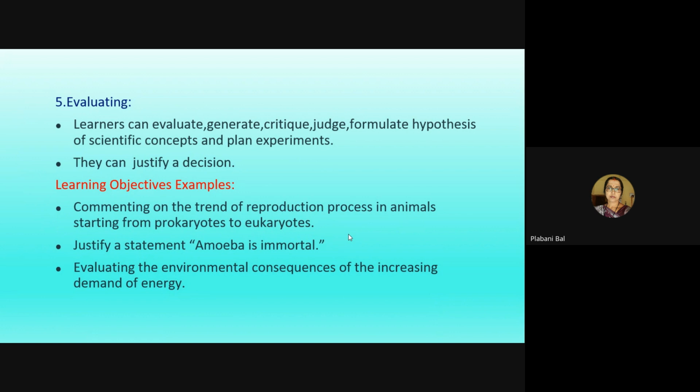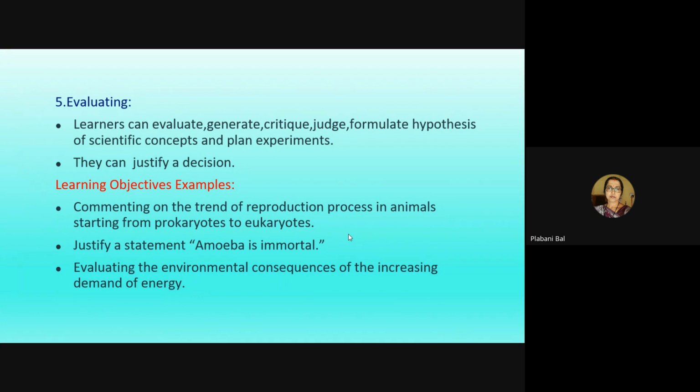When they are able to evaluate it, judge it, and comment on how it is occurring, whether through asexual reproduction in prokaryote or eukaryote, unicellular or multicellular, then when you are commenting on the trend of reproduction, it is the evaluating step. That means the student has reached the fifth step of the hierarchy of revised Bloom's taxonomy.